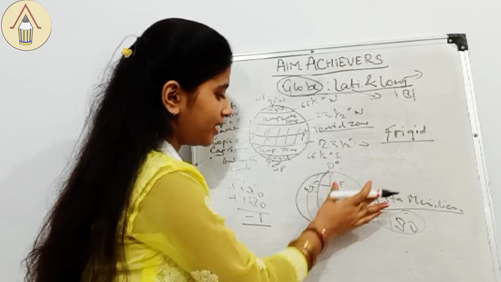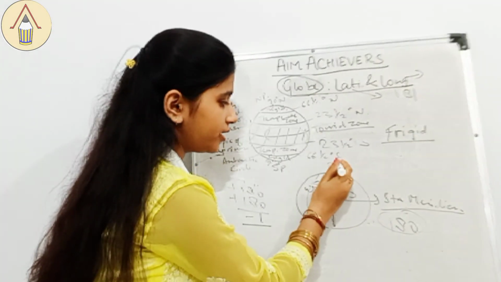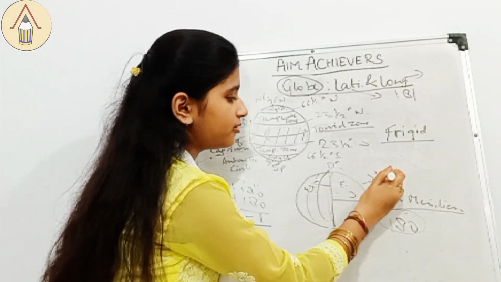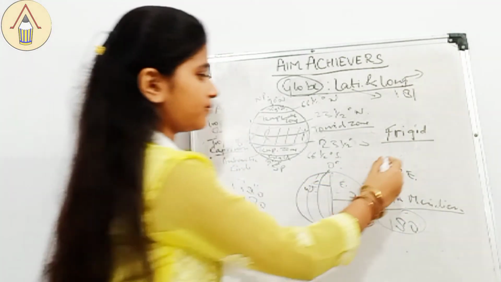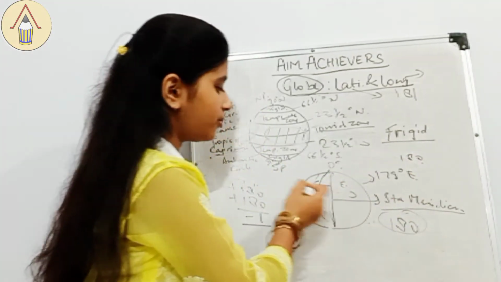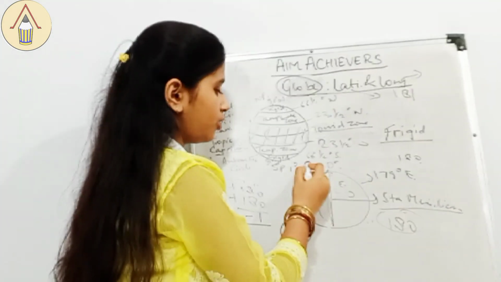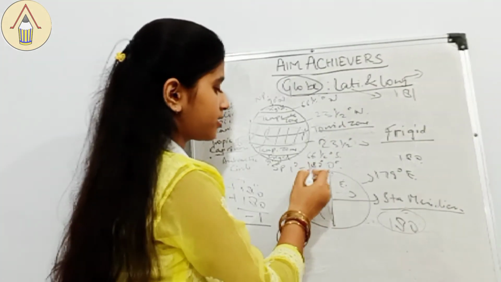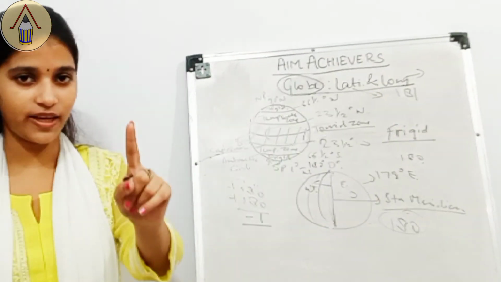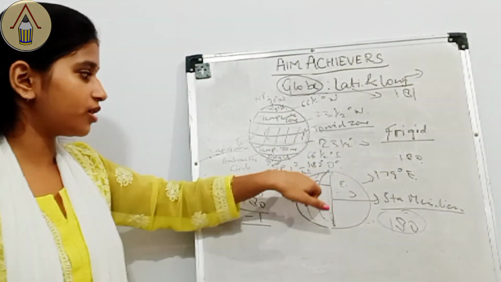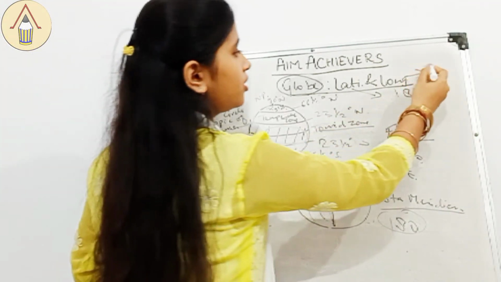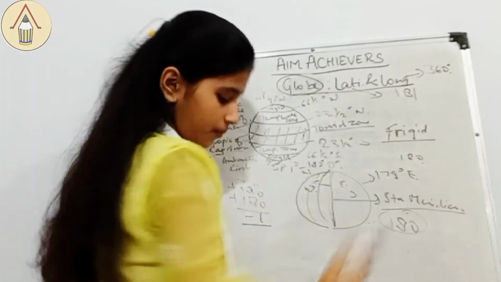Just imagine that we are taking from 0 degree to 179 degree east. It will count to 180. Okay, and from here we are taking 1 degree to 180 degree west. As we know 180 का सिर्फ एक है, 0 degree भी सिर्फ एक है, so it will come to 180, it will come to 180, it will come to 360.